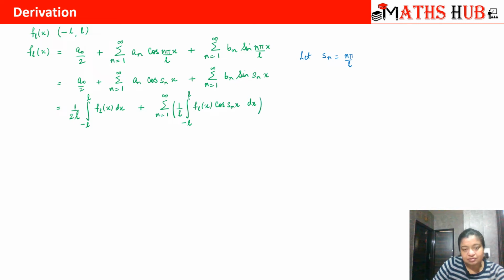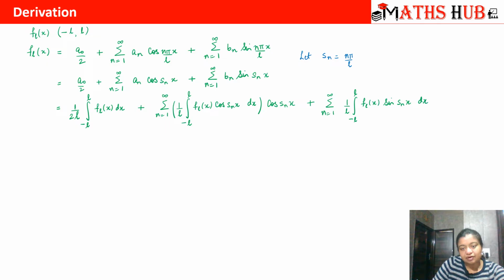And then we have also cos(s_n x). Clear? Similarly, we put in the value of b_n, so we will get summation n going from 1 to infinity, where b_n is 1 by L integration minus L to L f_L(x) sin(s_n x) dx.